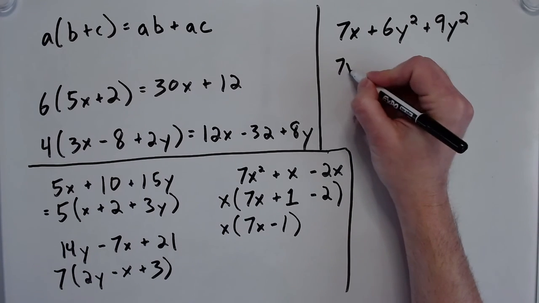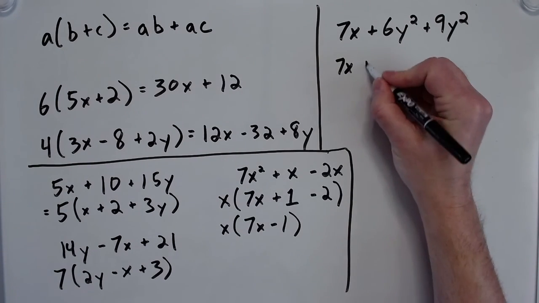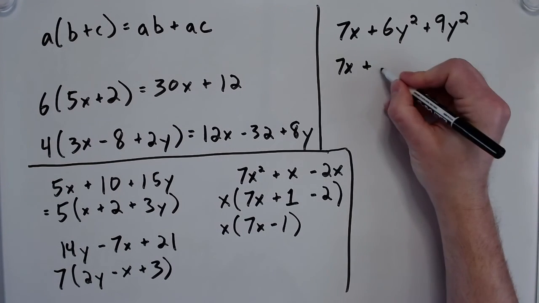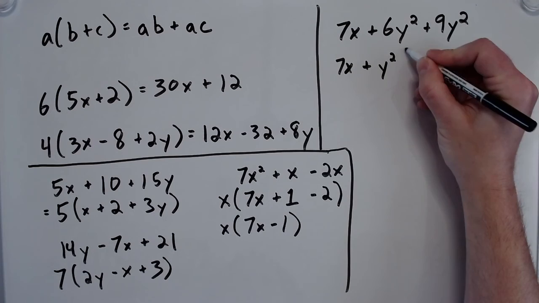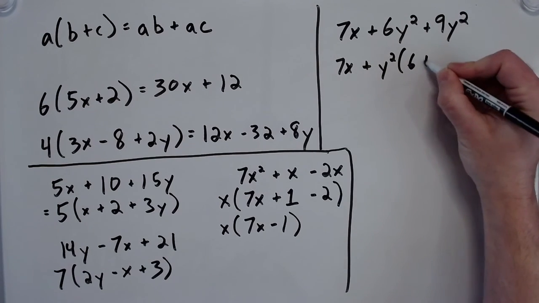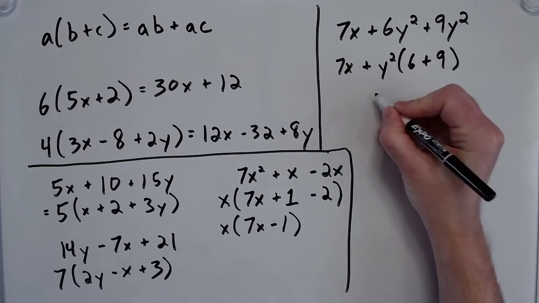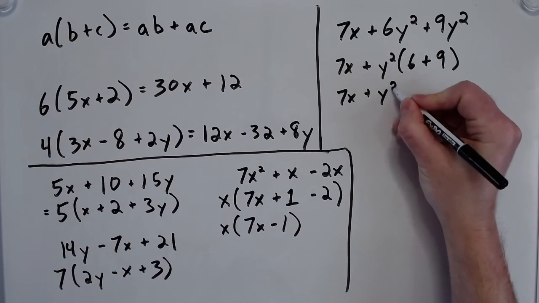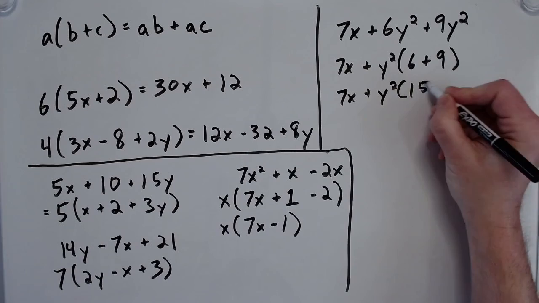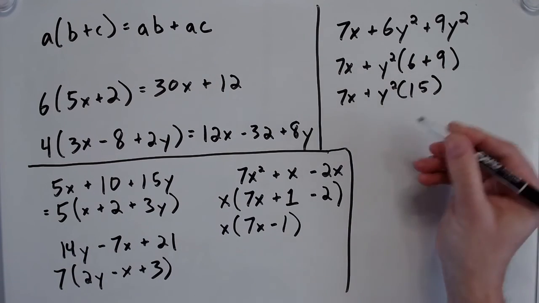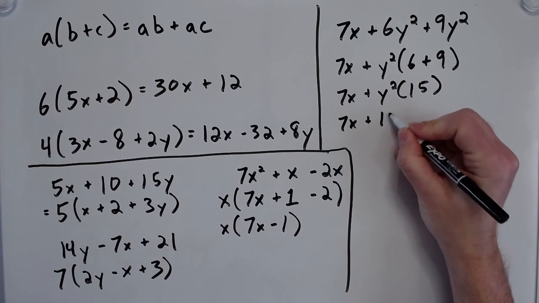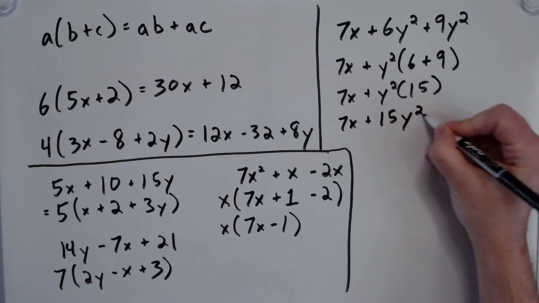So we'll write 7x, because he's lonely over here, plus, and we'll factor out the common factor, which is the y squared. Y squared times 6 plus 9. Lonely 7x, y squared, 15, and then we'll just rewrite this as 7x plus 15y squared.